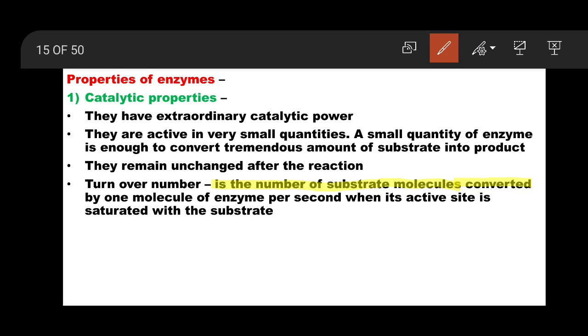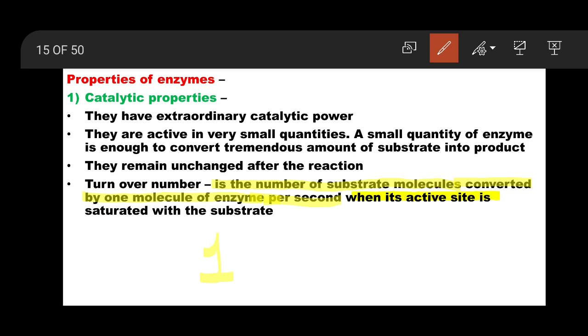So the number of substrate molecules converted by 1 molecule of enzyme per second. 1 सेकंड में एक एंजाइम का मॉलिक्यूल कितने सबस्ट्रेट मॉलिक्यूल का कन्वर्जन करता है इनटू प्रोडक्ट, दैट इज नोन एज टर्नओवर नंबर.